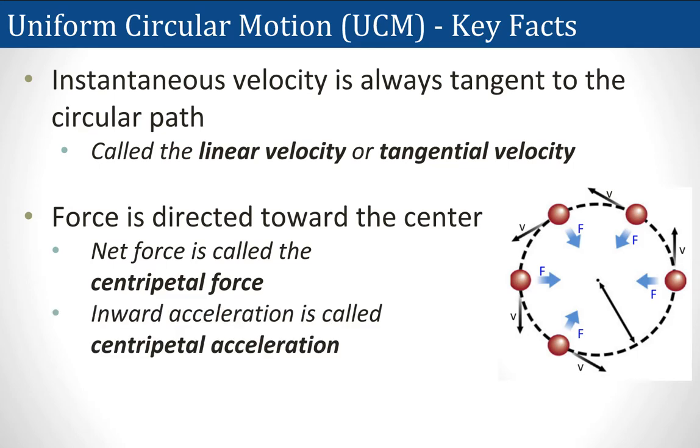Therefore, we also have an acceleration that also points in that direction. And this is the weird thing. The acceleration doesn't actually match the direction of the motion or even go against the motion. The acceleration points perpendicular to the motion towards the center. And so it also is called the centripetal acceleration.